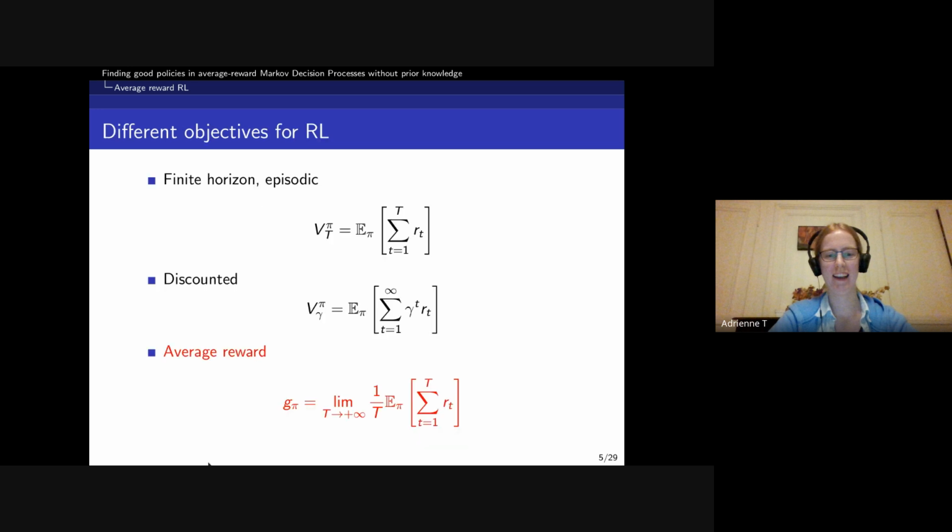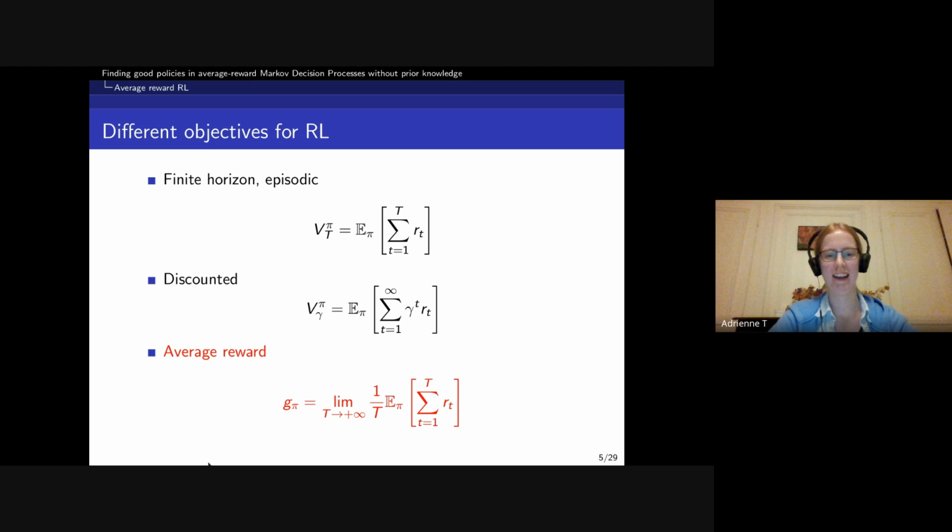In RL, there are different objectives that we can want to maximize. You can want to maximize the finite horizon rewards, so you just care about the rewards that you'll get up to a certain time step, and then you don't care what happens afterwards. You can look at the discounted setting, in which each subsequent reward matters just a bit less than the one before it.